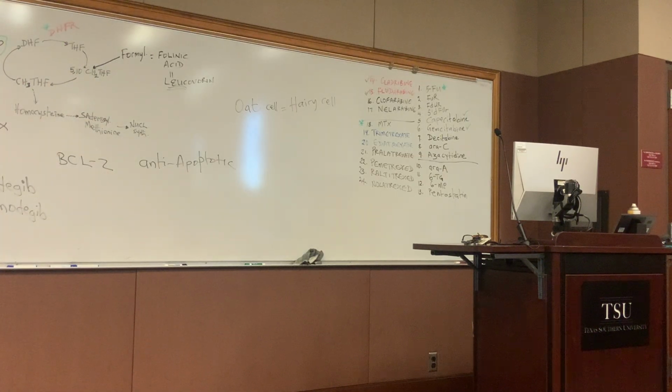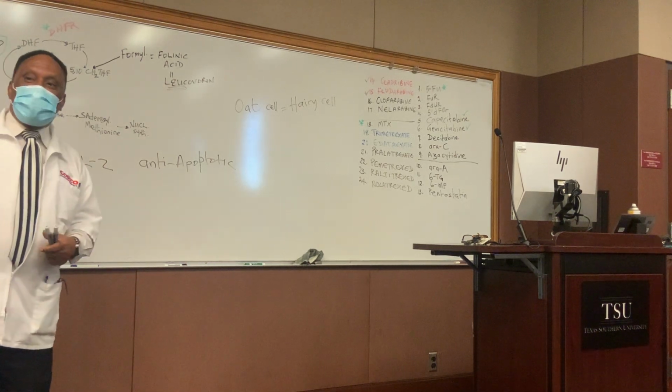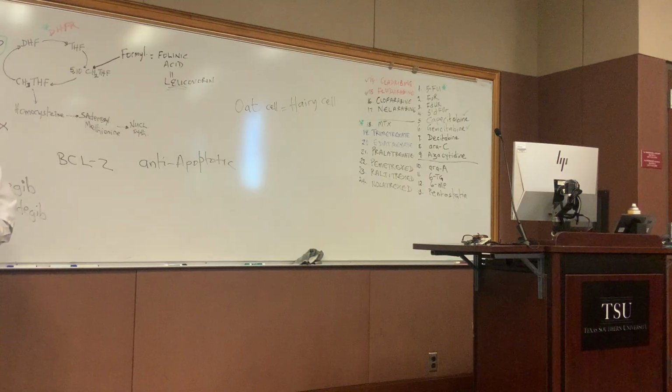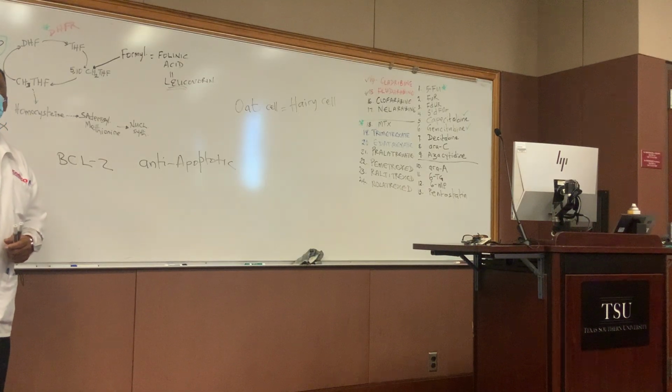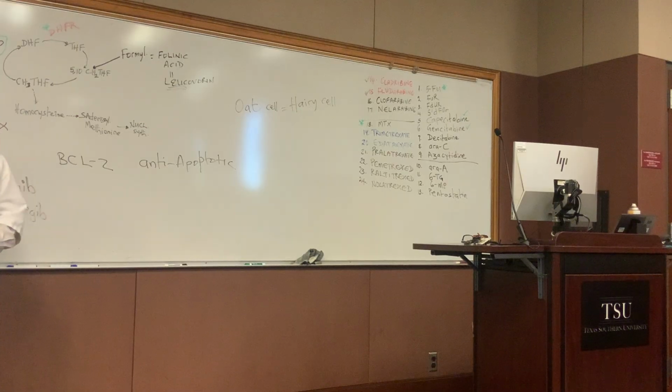Okay. If you look at the other indications for pentostatin, it is effective in other forms of leukemia apart from hairy cell leukemia. It can also be used in acute lymphocytic leukemia, ALL, and it can also be used to treat CTCL.